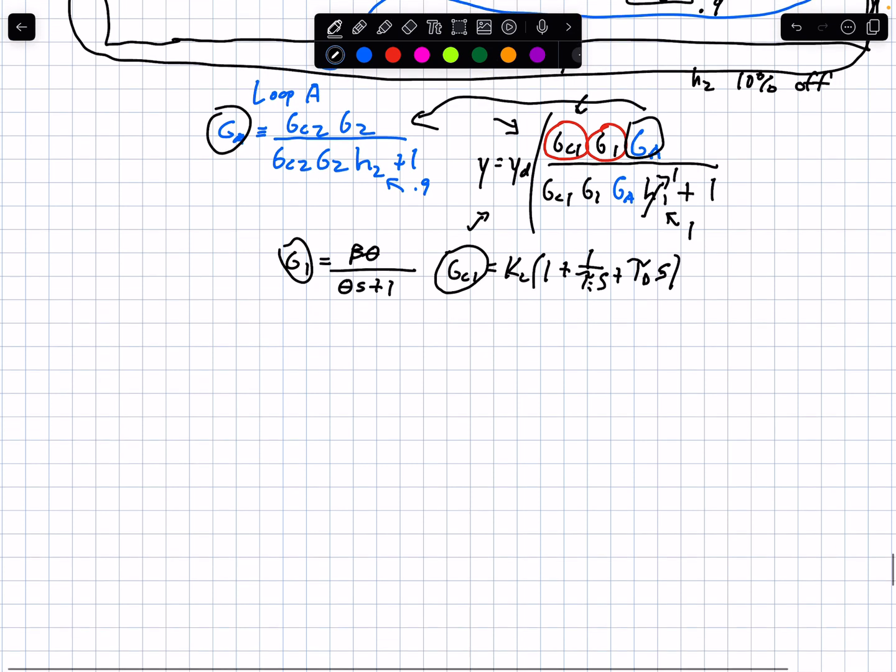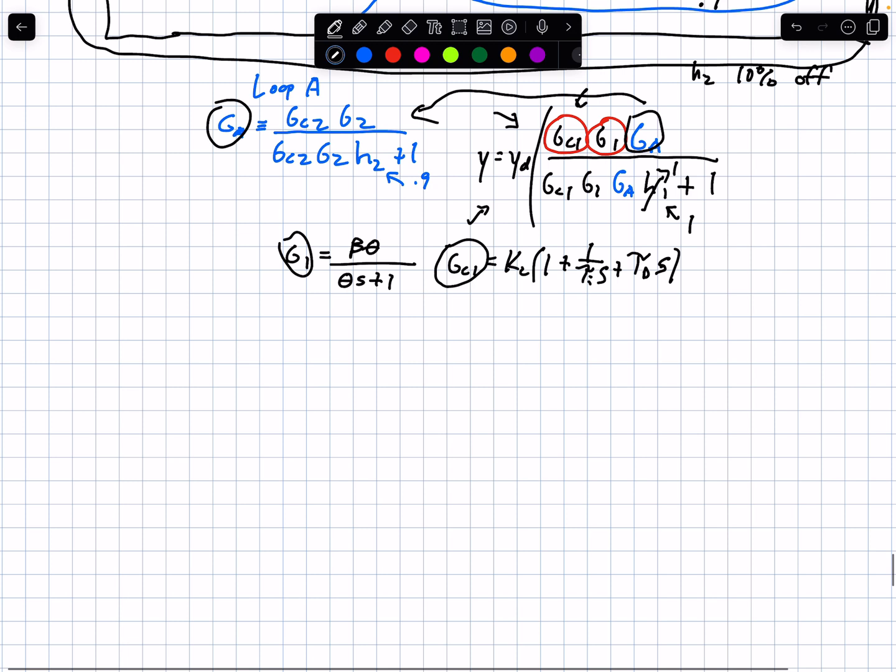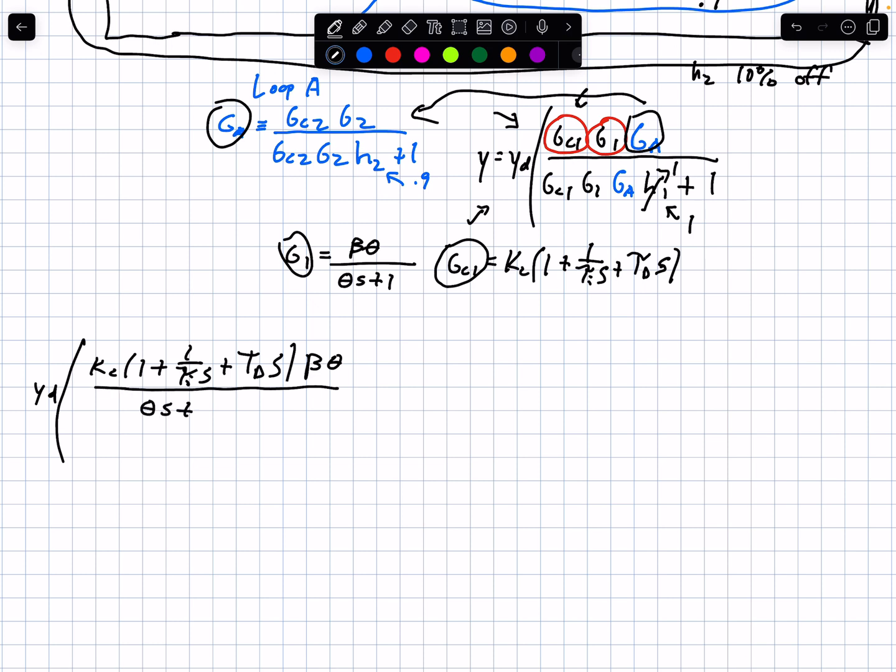And so that will give you YD times everything. GC1 is equal to KC (1 plus 1 over tau I S plus tau D S), and then times G1, which is beta theta over theta S plus 1. That is multiplied in the numerator by GA. We're just going to leave that box to keep it a little more simplified.